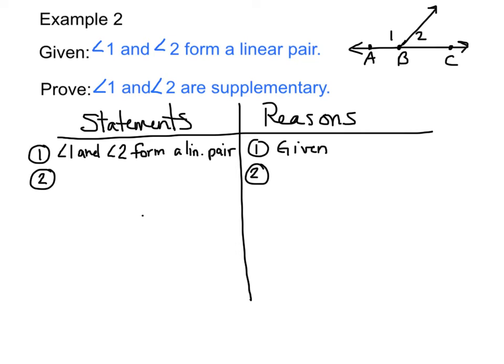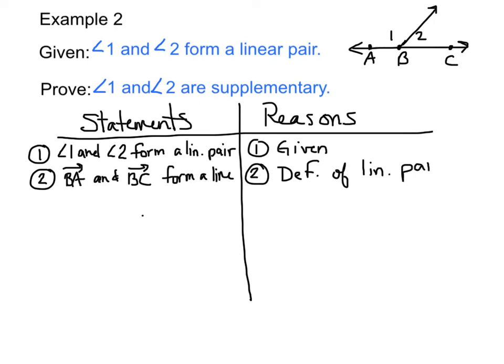So, because we have opposite rays, we can say that ray BA and ray BC form a line. Why can we say that? Because that's the definition of a linear pair.